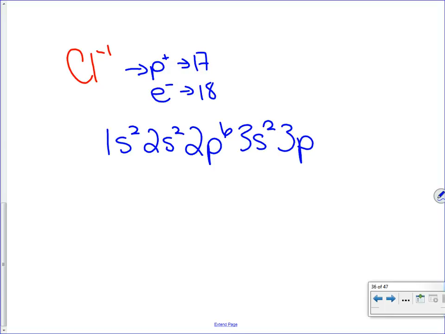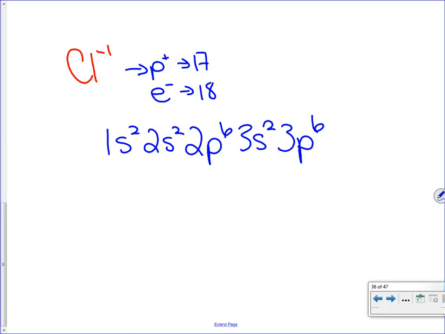Now chlorine is normally 5, but we added 1 more electron, so we should have 6. Okay? Now how do we know we have the correct number of electrons? You can add 6 plus 2 is 8, plus 6 is 14, plus 2 is 16, plus 2 is 18. So it gives you a total of 18 electrons, and that's what we had to display.